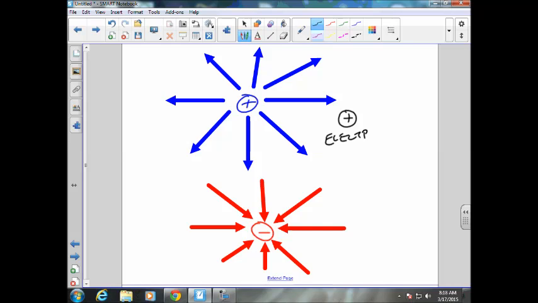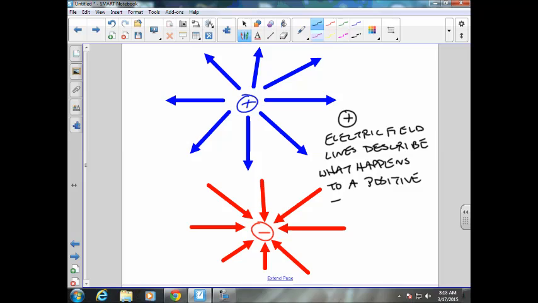So these electric field lines describe what happens to a positive test charge. We've got one in there.